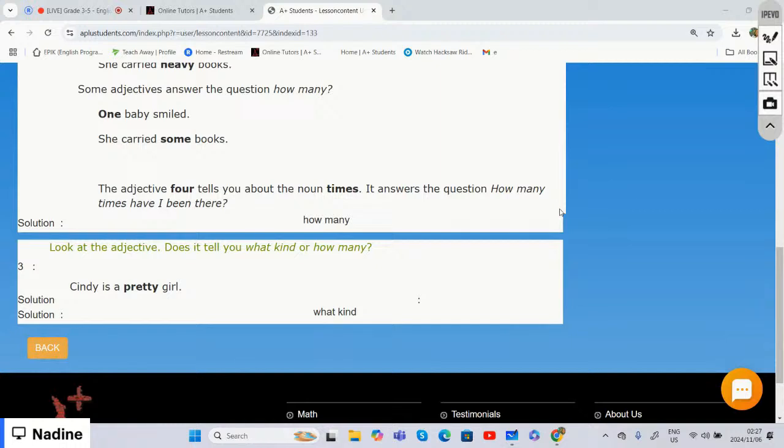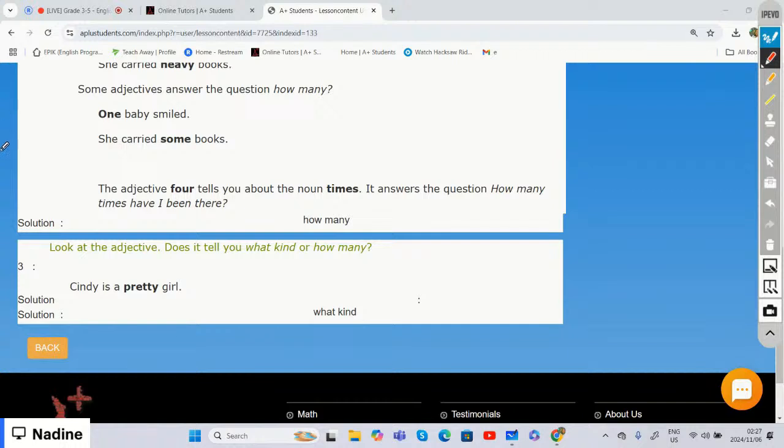So pretty girl, if we were to look at that word, pretty, does it tell us what kind or does it tell us how many? Pretty girl. Yes, well done. And pretty girl tells us what kind of girl it is. It is a pretty girl.